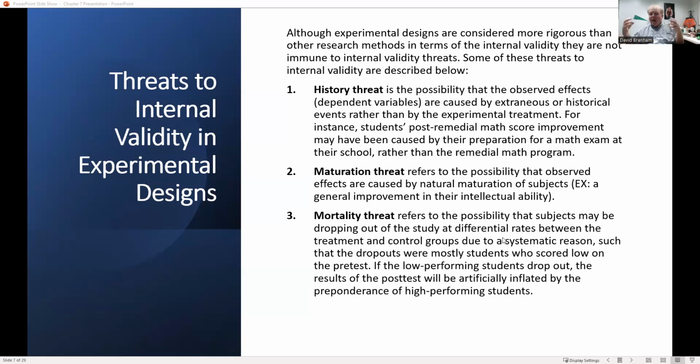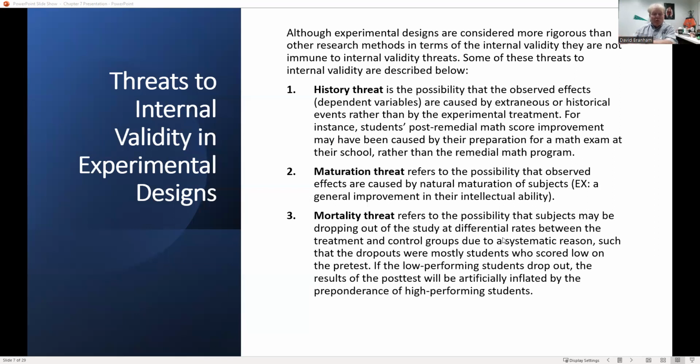And that's a problem that isn't easily covered in experimental design, because when you have dropouts, you can't measure the dependent variable effect on the entire population in your group.